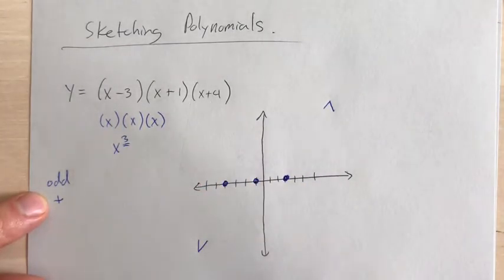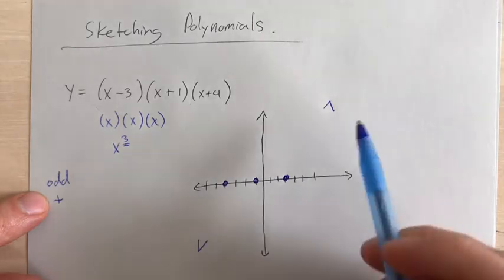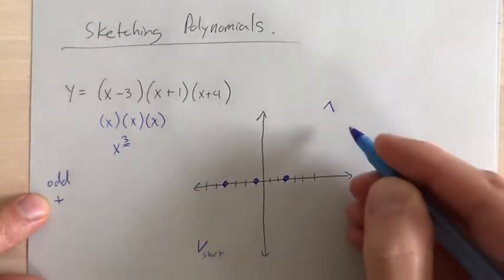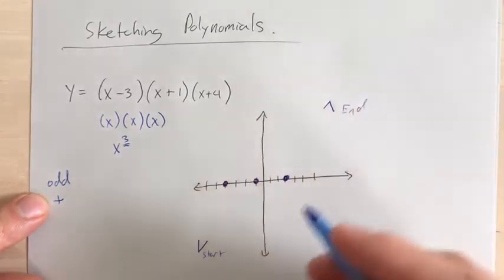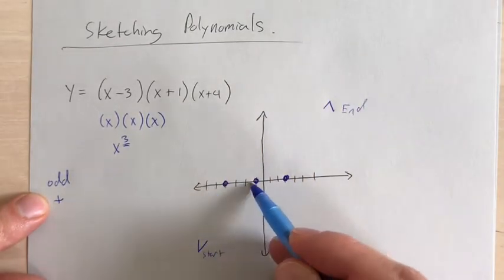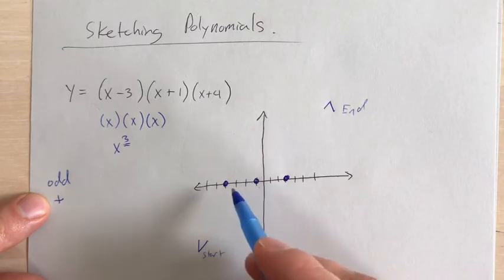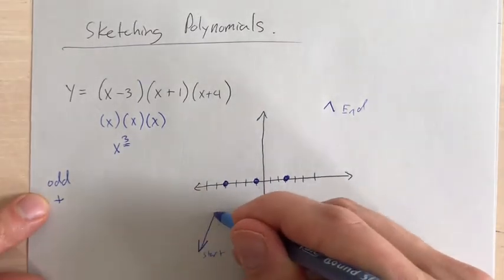Okay. Now, to do the sketch part, think roller coaster for a second, and I want you to start always from the left arrow and end on the right arrow. So this would be your start point, and this is your end point. And I want you to ask yourself, I can only go through the x-axis here at these 3 points. If I start here, where would probably be the first place I'd go to? Well, I'm not going to skip this one and go to this one. So I'm going to start by drawing from here to here.